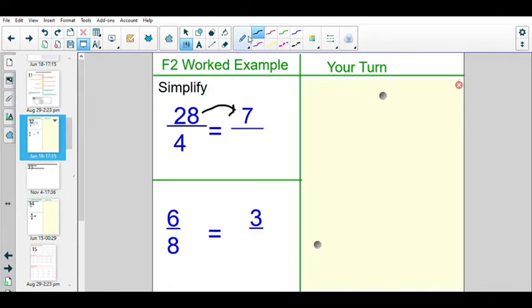Whatever I do in my numerator, I'm going to do the same thing in the denominator. So 4 has to be divided by 4 as well. And that would be 1.